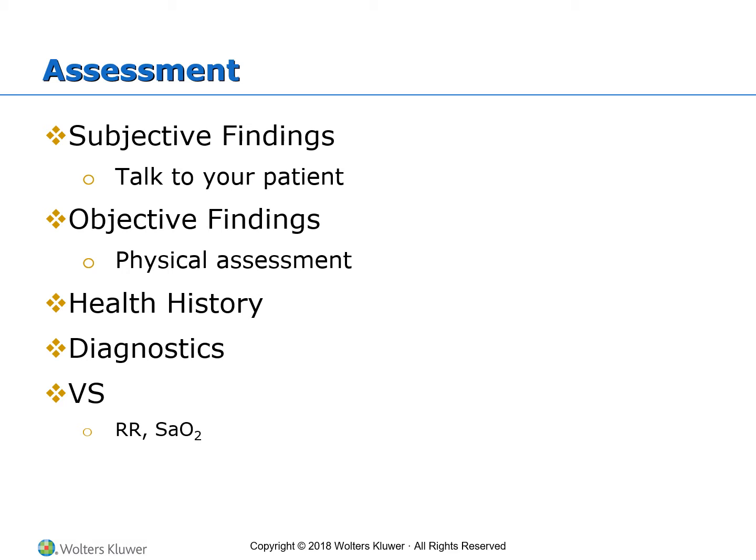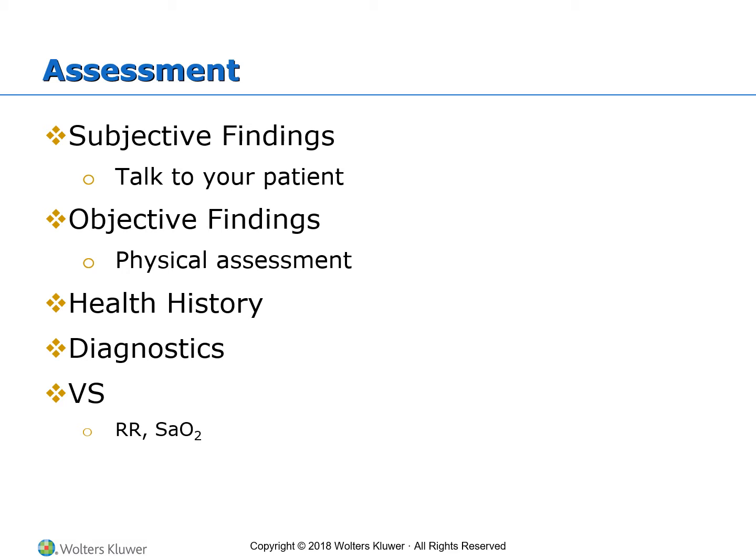I don't know if you guys have been taught PQRST with assessments, but basically the P is palliative or provocative factors. So what makes the pain better or worse, or what makes your cough better or worse, what makes your shortness of breath better or worse. So whatever the complaint is, is there anything that makes it better?